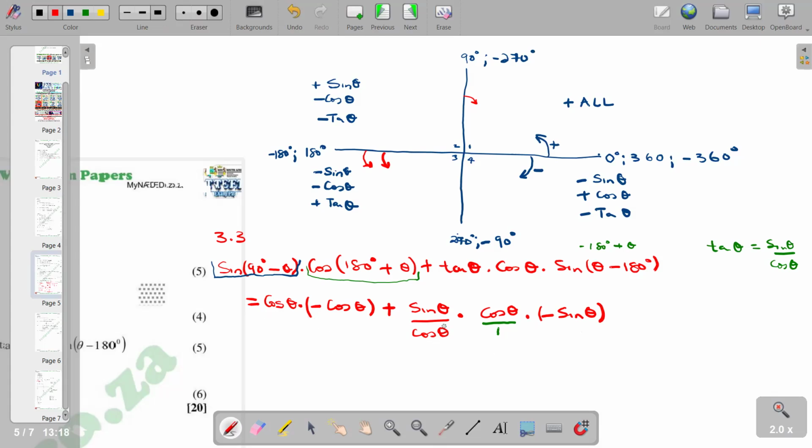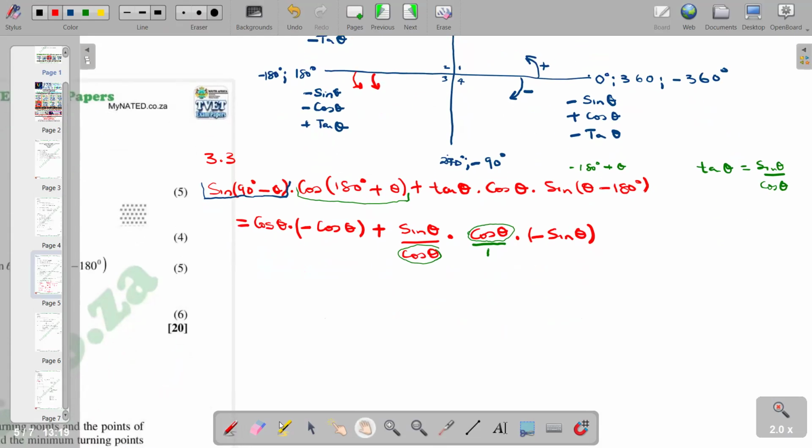If you check this term, it's a denominator. This one and this one, it's a numerator. So these are going to divide and we get 1 there. When we simplify this further, we are going to end up with cos times that, which is equal to negative cos squared theta plus sine theta, but this sine theta is going to multiply a negative sine theta.